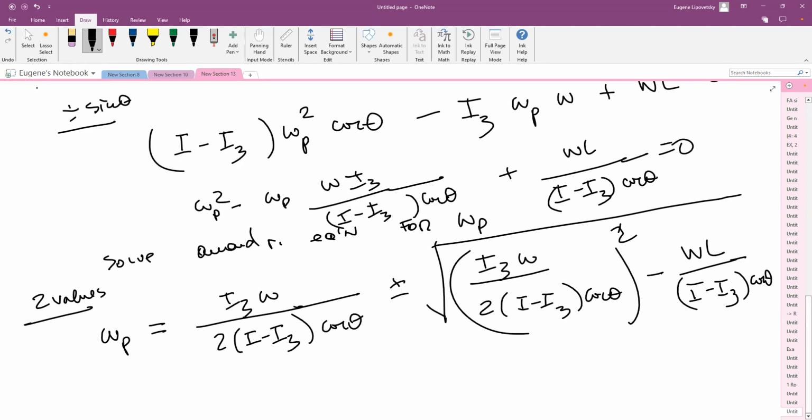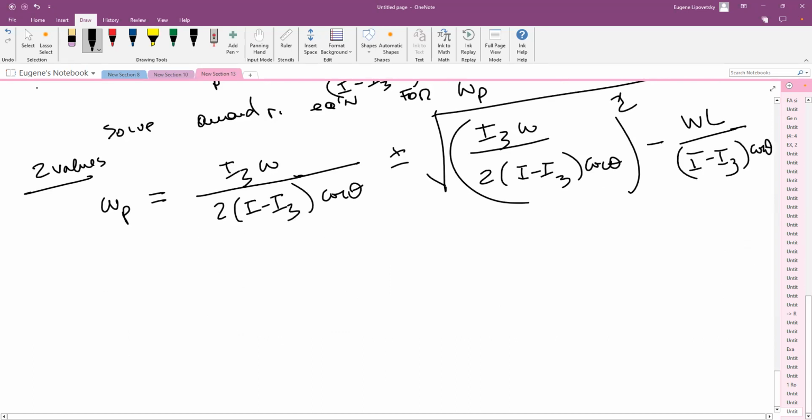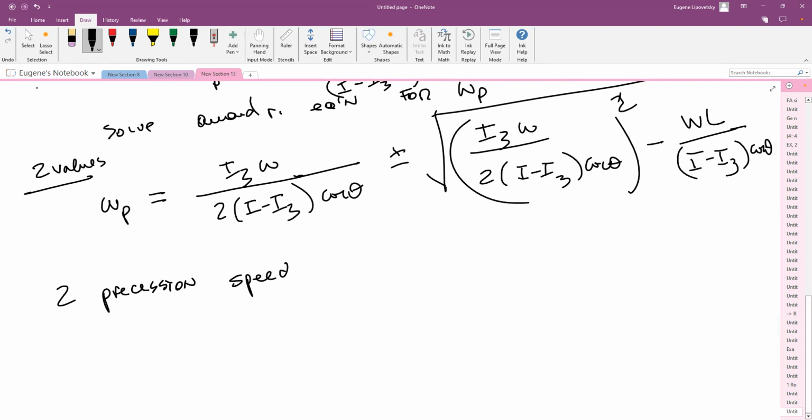From this, we get this formula, and therefore we have two precession speeds, omega P1 and omega P2. Now we'll investigate them.